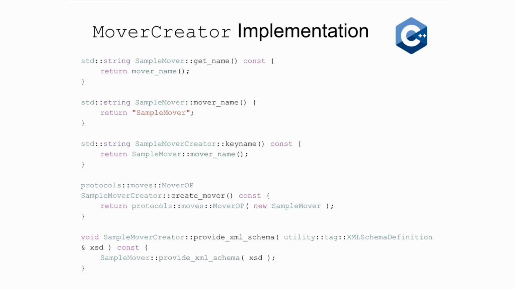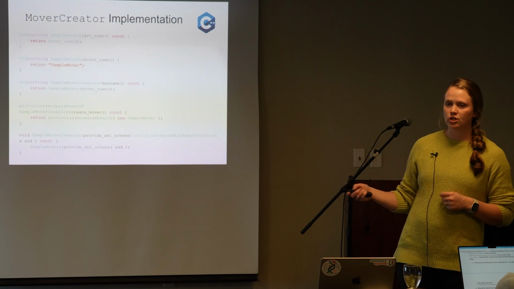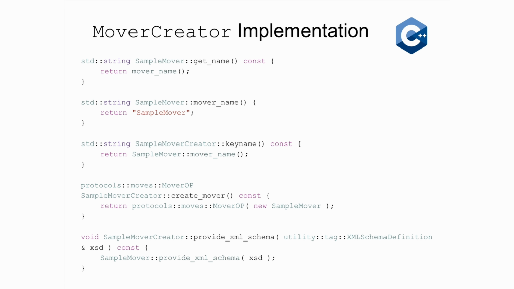So what do these look like? For the key name function, within your mover you're going to define your mover name. Then the key name function of your mover creator will call that mover name, or get name, to return that string to match those up.